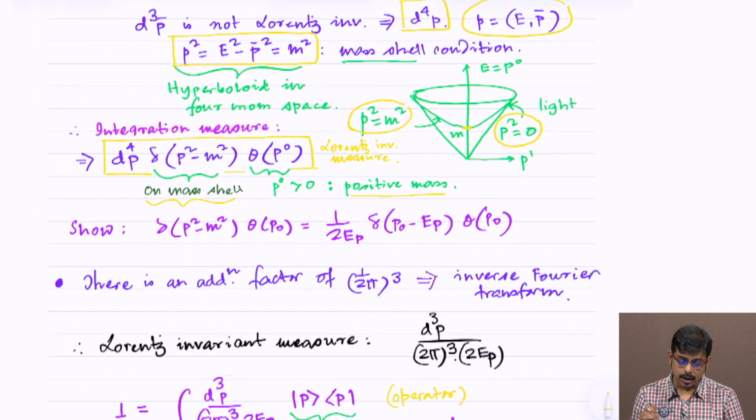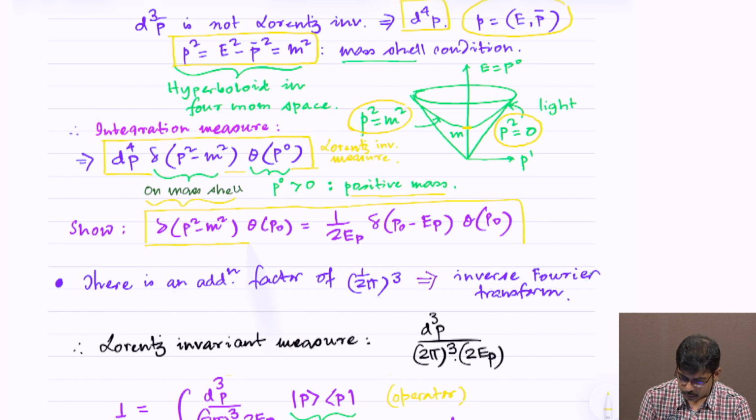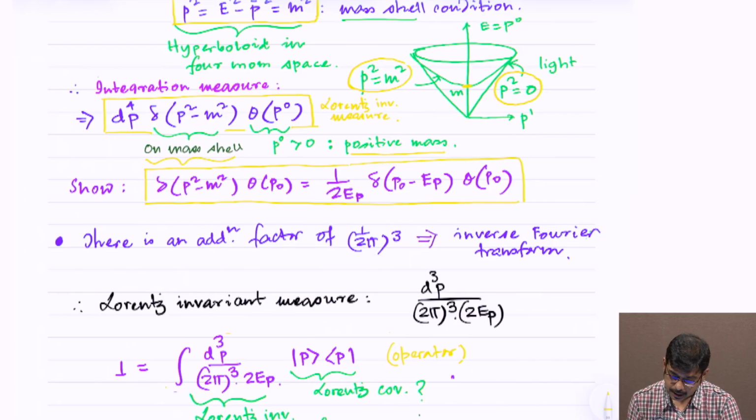So, this is the integration measure. Now, one can do an exercise at home, which I am not going to do here: you can show that δ(p² − m²) θ(p⁰) is nothing but 1 by 2E_p δ(p⁰ − E_p) θ(p⁰). So this factor of 1 by 2E_p is coming from here, and the additional factor of 1 by (2π)³ is coming from the inverse Fourier transformation.